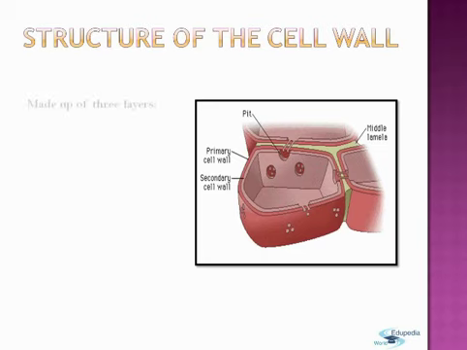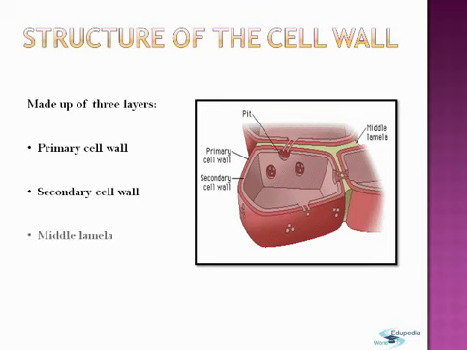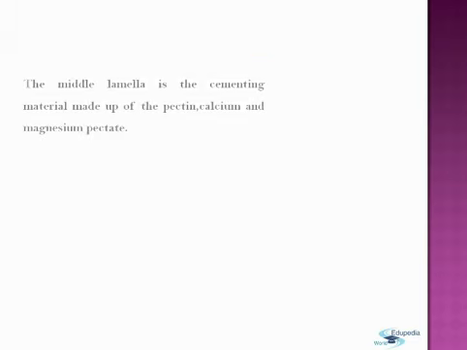If we see the structure of the cell wall, it is basically made up of two layers, that is the primary cell wall and the secondary cell wall. Now there is a middle lamella which is also present, which acts like a cementing material. This acts in the similar way as if we take the example of a wall.